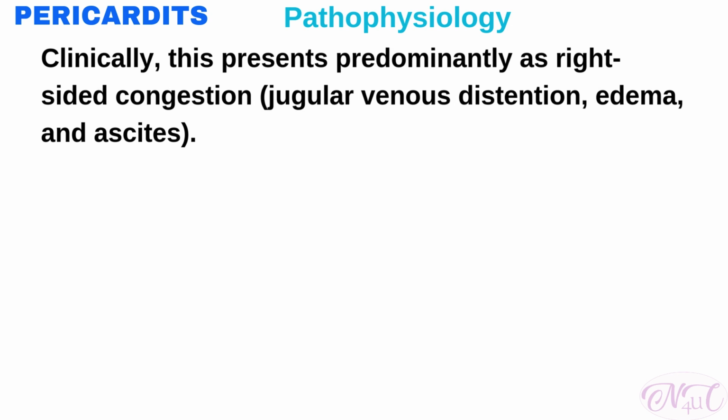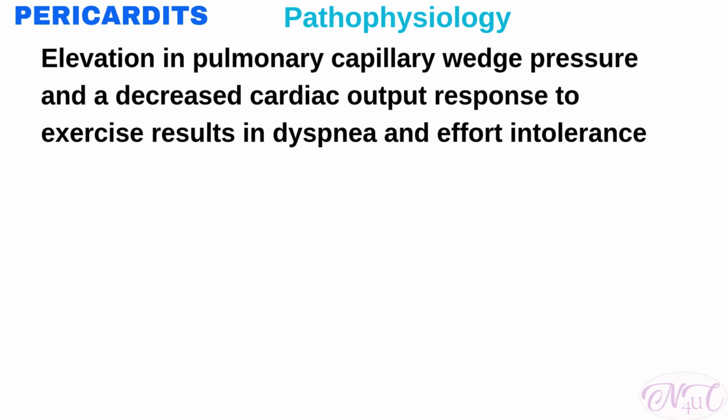Clinically, this presents predominantly as right-sided congestion with the signs and symptoms of jugular venous distension, edema, and ascites. Elevation in pulmonary capillary wedge pressure and a decreased cardiac output response to exercise results in dyspnea and effort intolerance, although frank pulmonary edema is less common than in typical systolic heart failure.